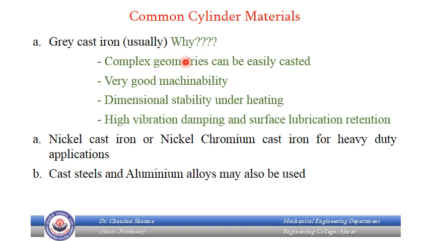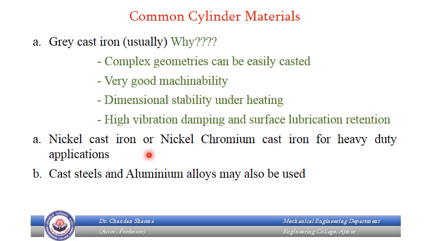It has extremely good machinability properties. It is extremely dimensionally stable under heating, and it has high vibration damping and surface lubrication retention properties. That is why most of the cylinders are made up of grey cast iron.